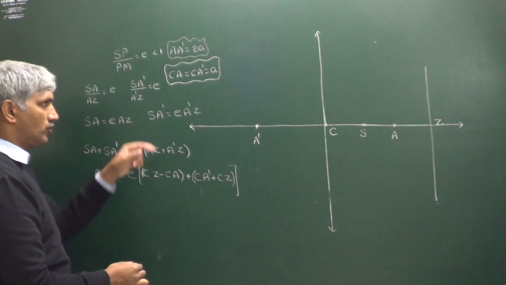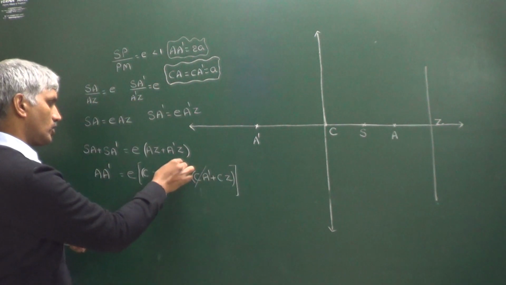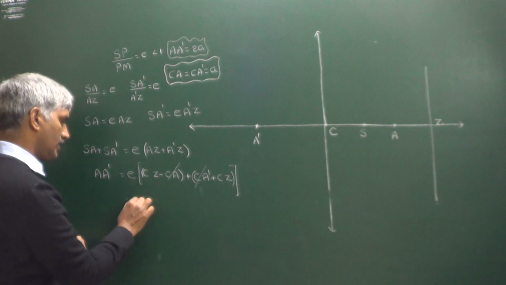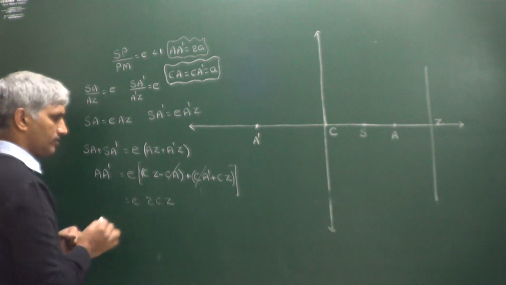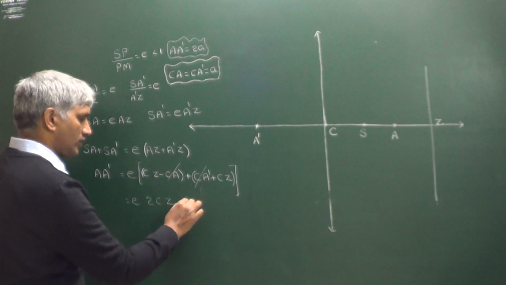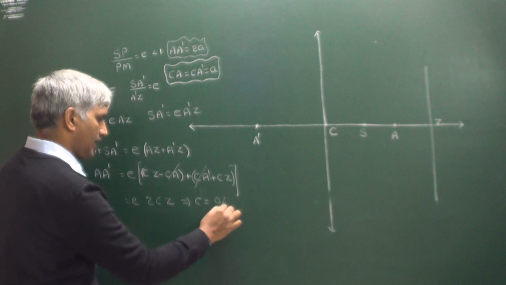And as we know, CA and CA dash are both the same. That's why these two cancel. So we are getting E into 2 times CZ. Right? So from this we can write CZ is equal to A by E.